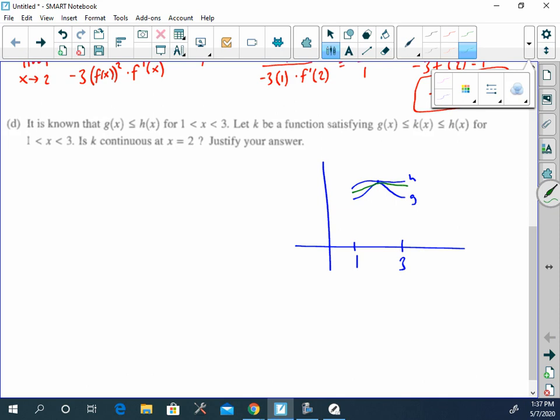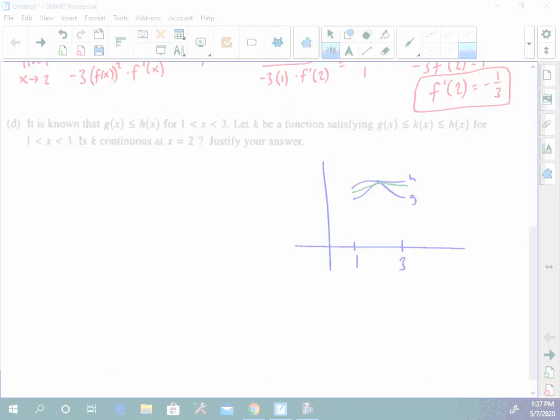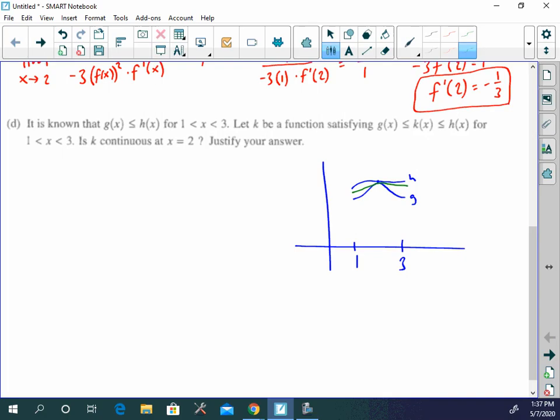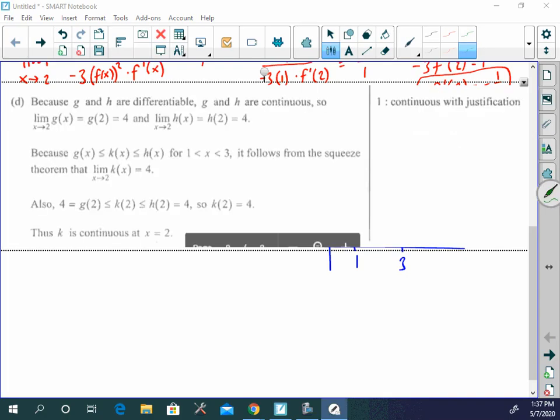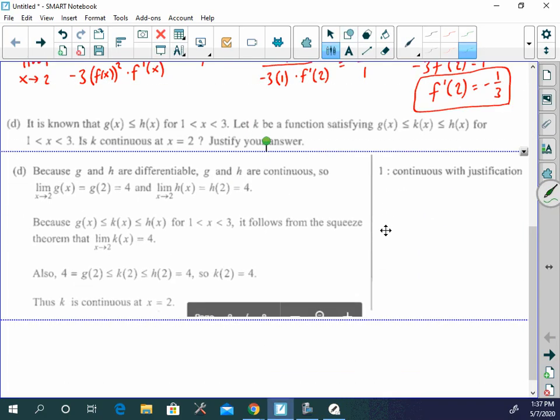So let's look at the answer and how they wrote it out. Just because we have not worked on the writing of this. So because G and H are differentiable, they're continuous, so we said that. So the limit of our G of X is going to be 4, and the limit of our H of X is also going to be 4 at that spot.